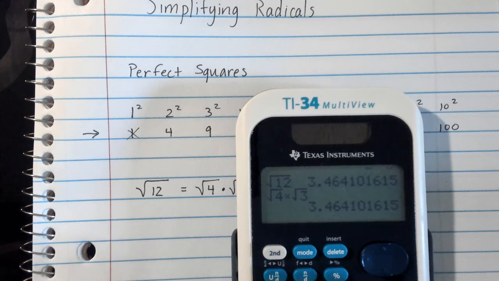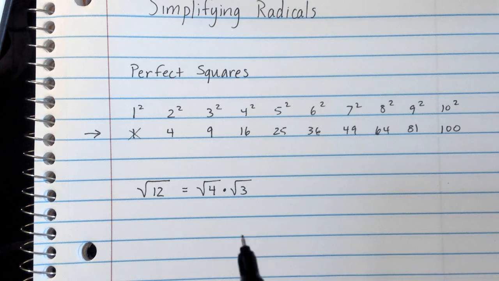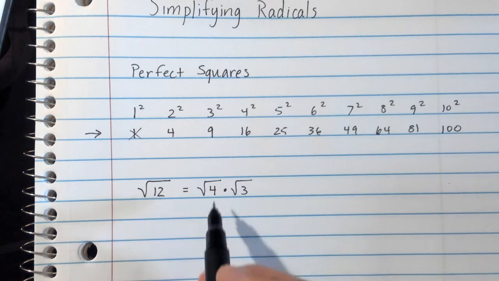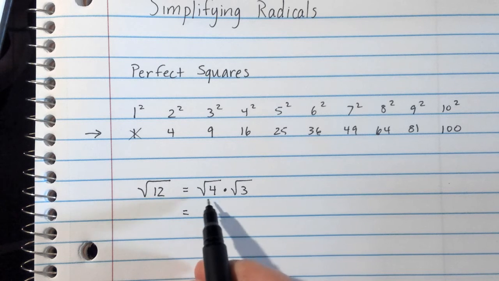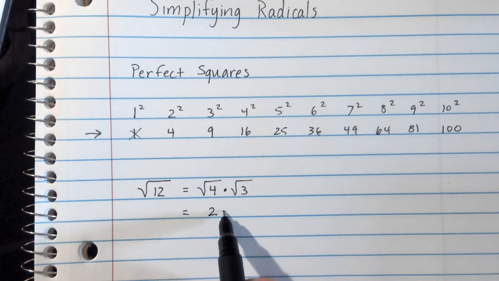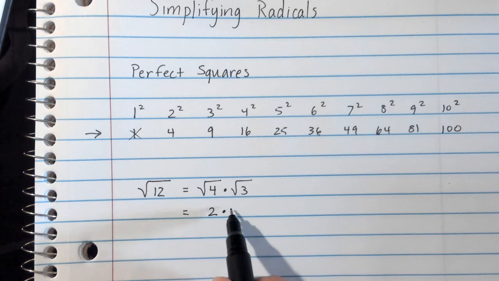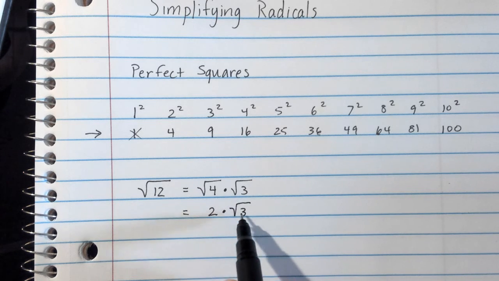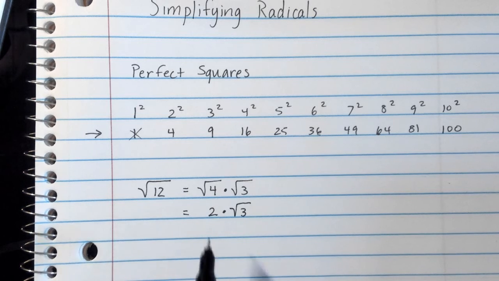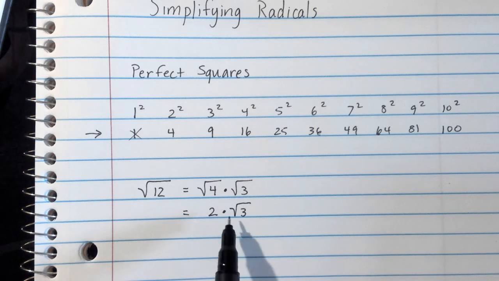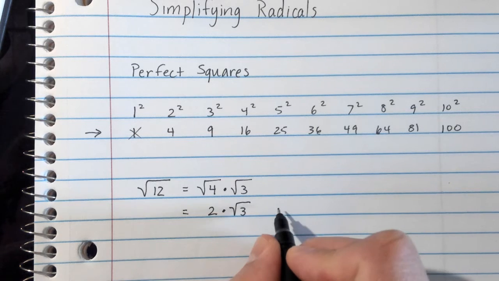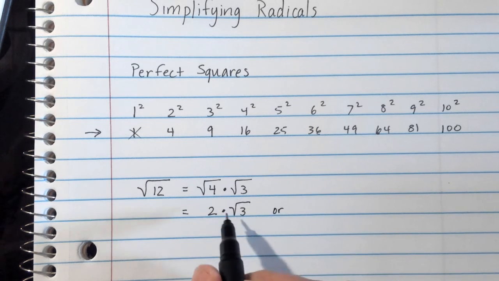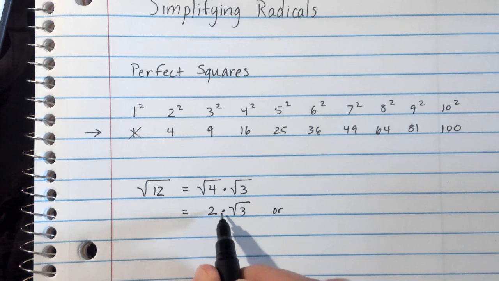Instead of going across, I'm going to show my work going down at this point, because it makes more sense. The square root of 4 is exactly 2. The square root of 3 is, we don't know, so you're going to leave it like that. This is a perfectly acceptable way to write that expression, but most of the time you're not going to see that dot.